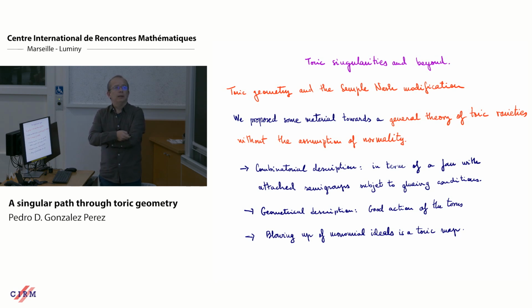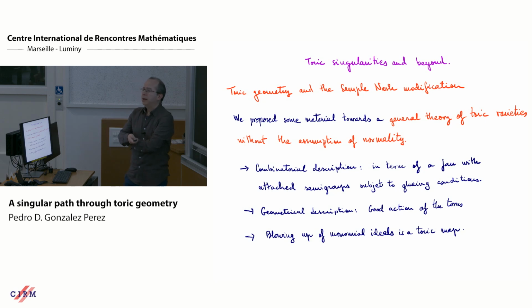And the set of toric varieties defined by this combinatorial description is also the set of toric varieties with the classical definition where we add a condition of having a good action of the torus, and this means that the toric variety is covered by a finite set of open subsets which are invariant for the action of the torus.